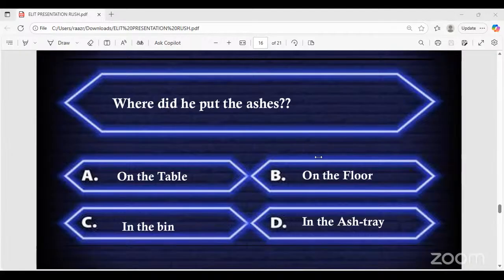Okay, shall I reveal the answer then? Okay, D is the answer, guys, in the ashtray.